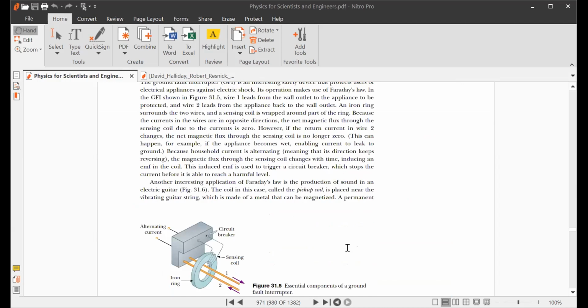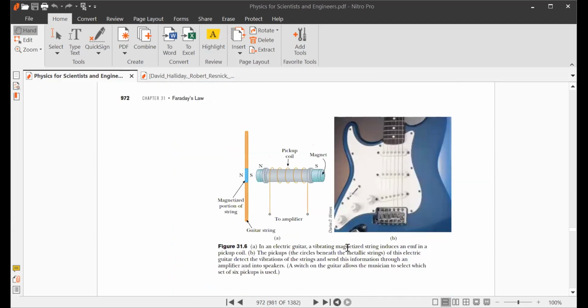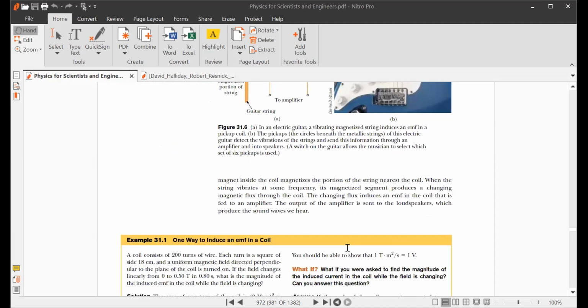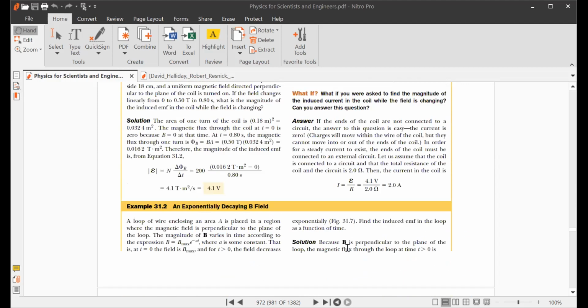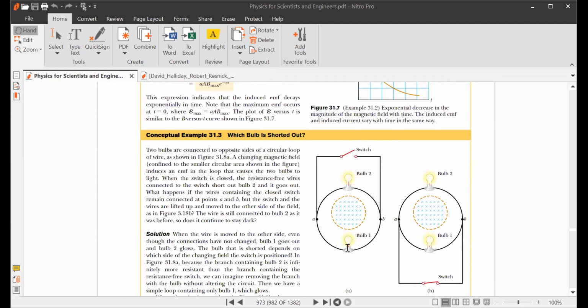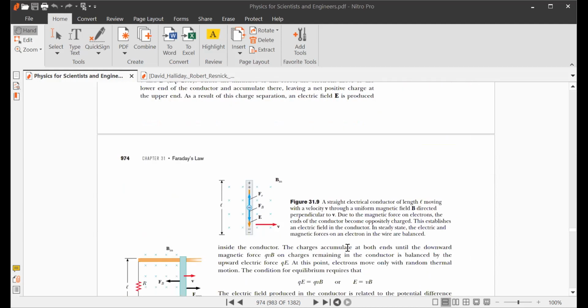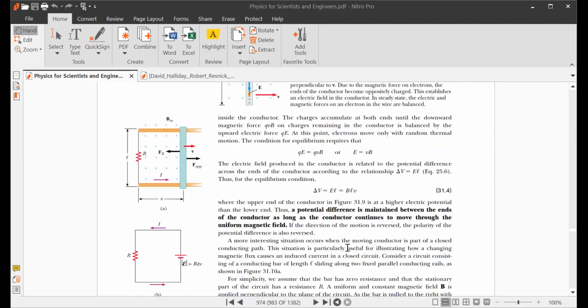I will give you an example. So this is the example.